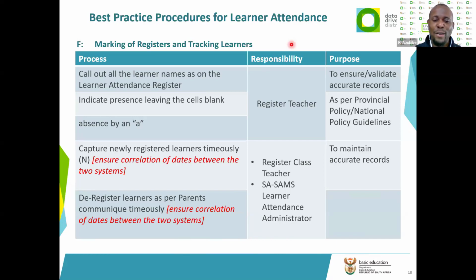Also, deregistering learners as per parent communication timeously. Ensure correlation of dates between the two systems. Okay. Now, who is responsible is the register class teacher, also the SSAMS learner attendance administrator. And the purpose is to maintain accurate records.